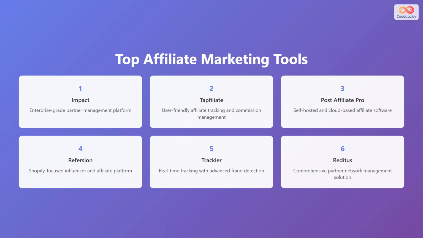Refersion is specifically designed for Shopify stores and includes influencer management features. Trackier specializes in real-time tracking with advanced fraud detection capabilities. And Reditus offers comprehensive partner network management solutions. Each of these platforms has unique strengths, and the best choice depends on your specific business needs.